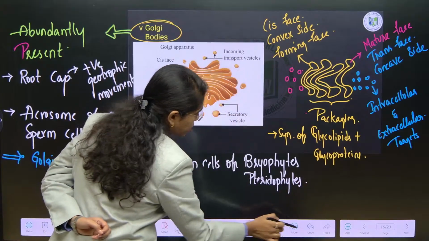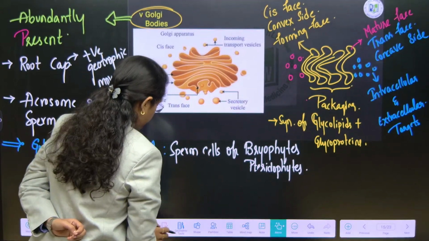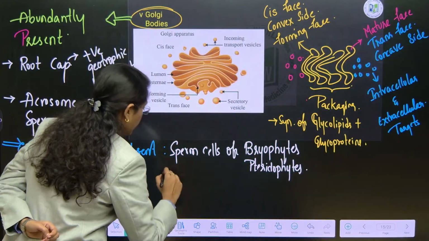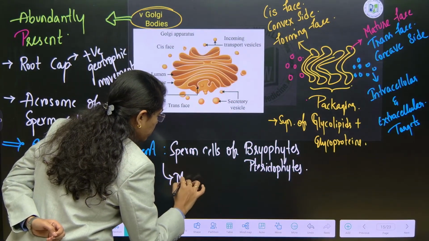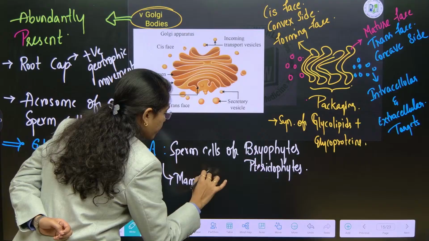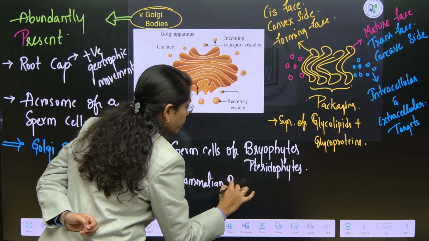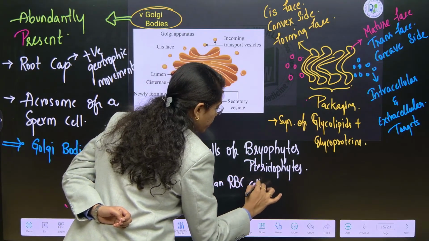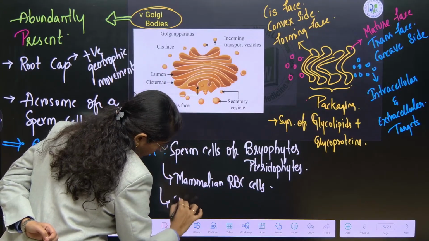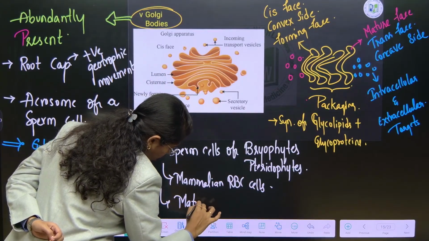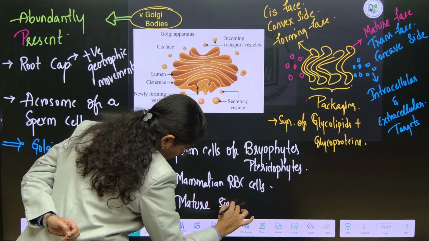And these are absent in mammalian RBC cells, they are absent in mature sieve tube cells.